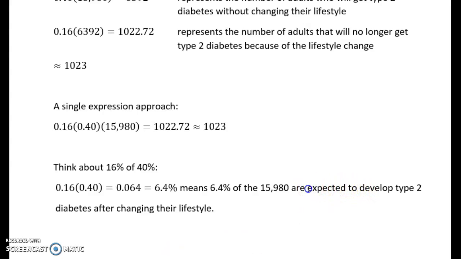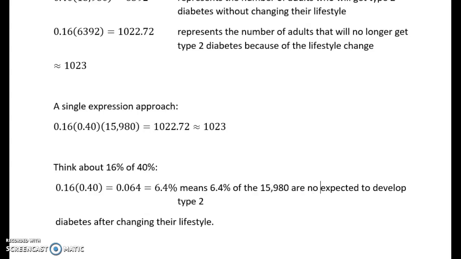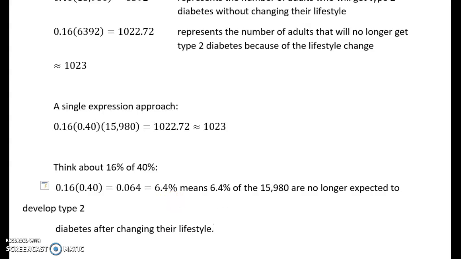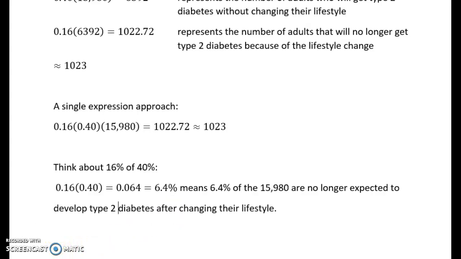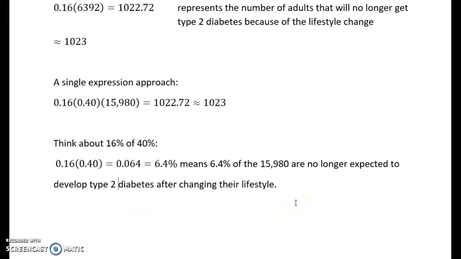Let's change that for a second. So 6.4% of the 15,980 are no longer expected to develop type 2 diabetes after changing their lifestyle. Remember, we were reducing that risk. So that's the number of people that are being saved by adapting to this new lifestyle of diet and exercise. Right? So they are no longer expected to develop type 2 diabetes.